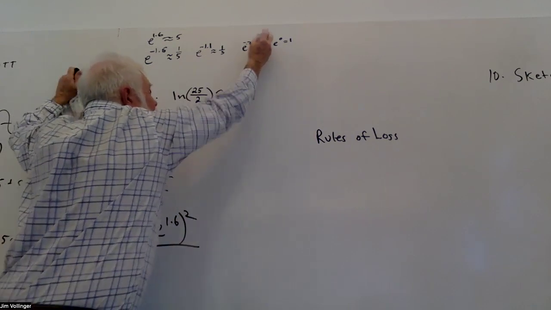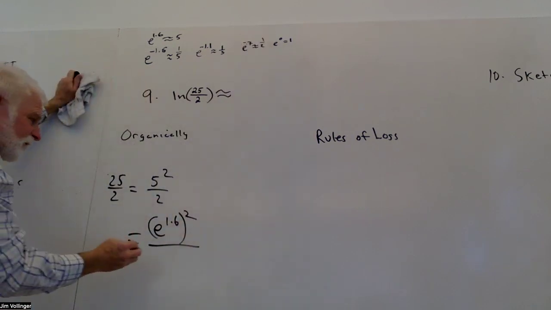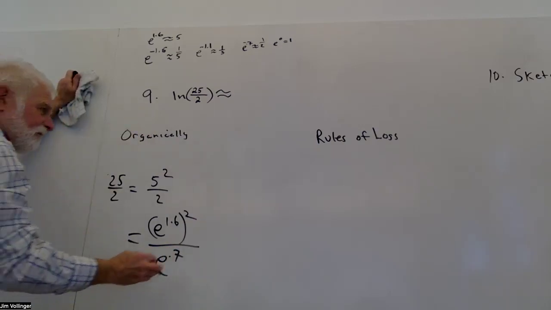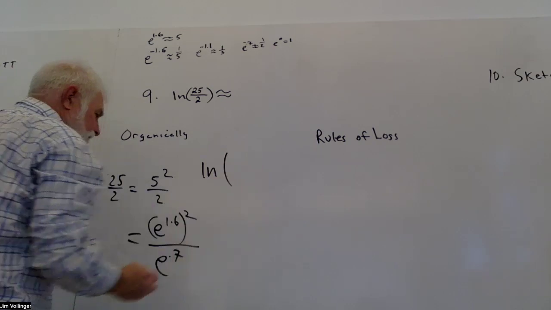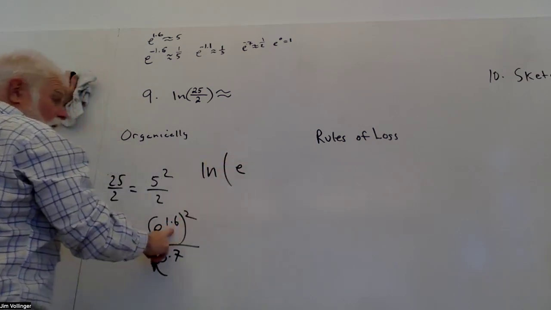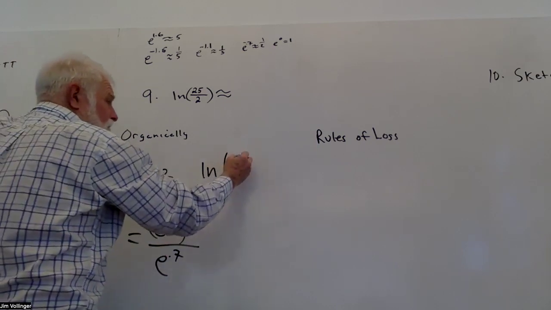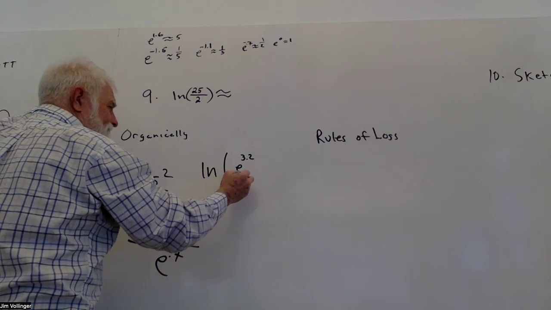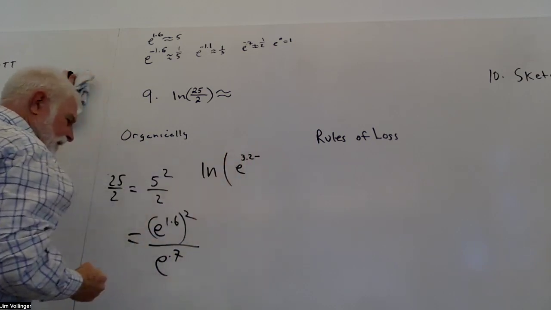Excuse me, so e to the 0.7 is 2. And so this 25 halves becomes the ln of e to the 3.2 divided by, why don't I just put it here, e to 0.7.